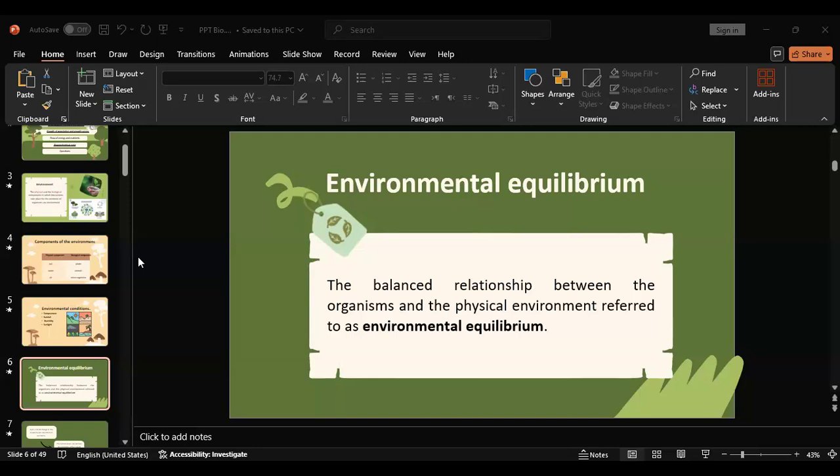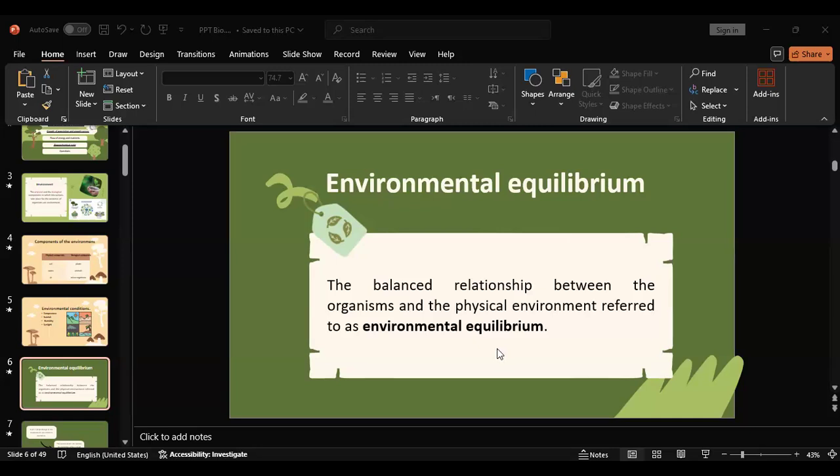Here, environmental equilibrium means the balanced relationship between the organisms and the physical environment. That is referred to as environmental equilibrium.